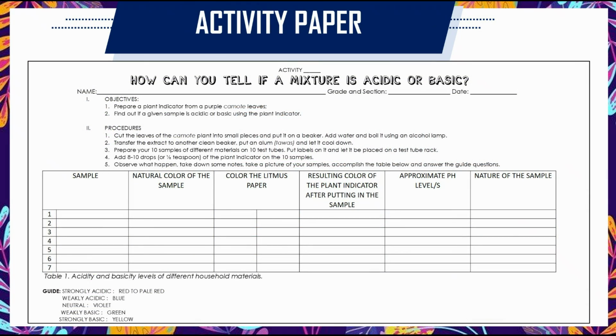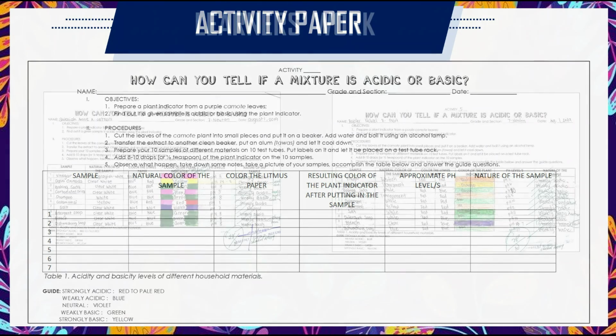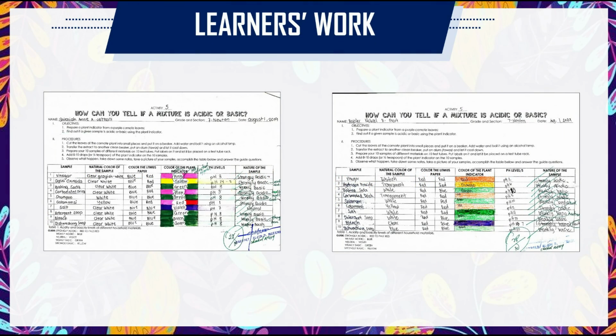In recent years, I always made sure to incorporate activity worksheets for the learners so they could be guided in establishing their learning about acidity and basicity as well as natural pH indicators. These are the samples of my learners' works.